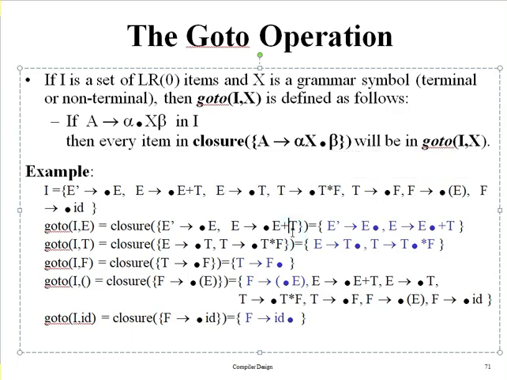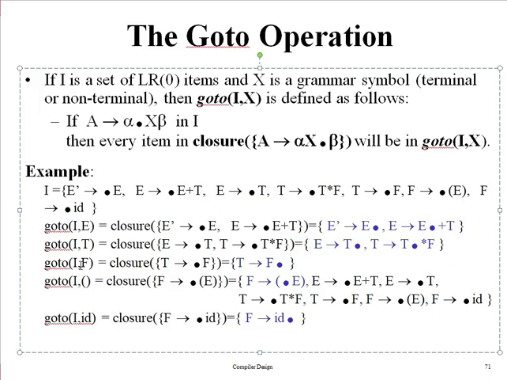The result will be E derives T dot, then T derives T dot star F. Similarly, there is no need to add additional production rules into this set, because after the dot we have star, a terminal, and the other item is already a final item.